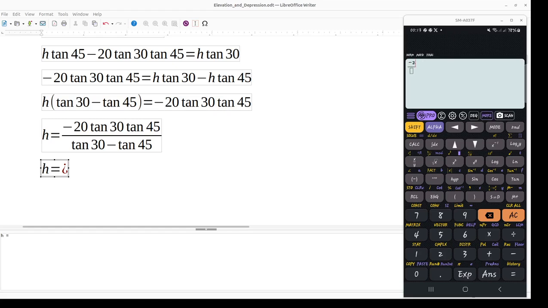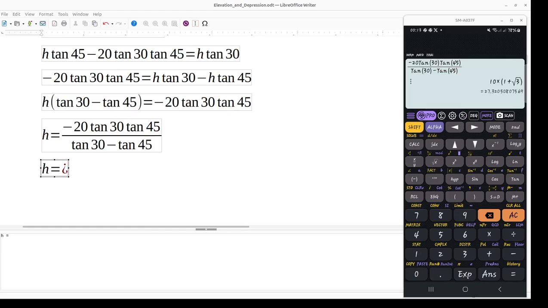Negative 20 tan 30 tan 45 over tan 30 minus tan 45.